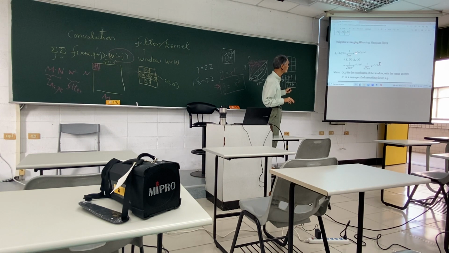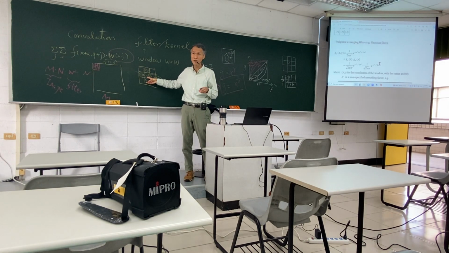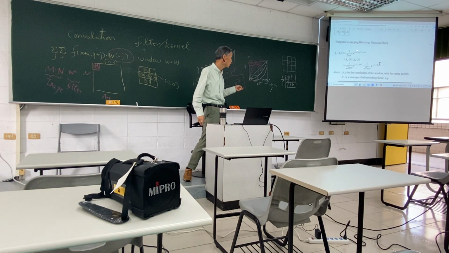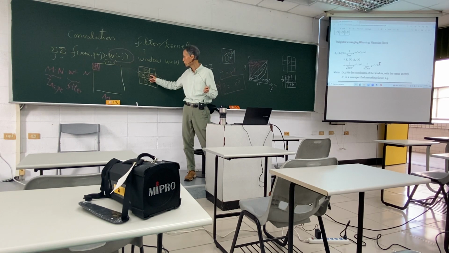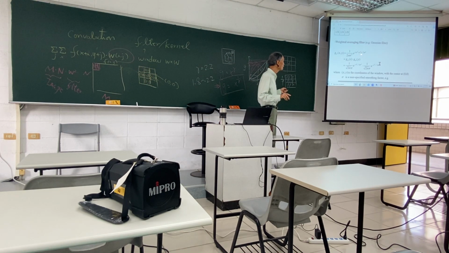Here, x, y is the location. In the center, you will have the value of 0, 0, which means x should be equal to 0 and y will be equal to 0. And for all the other elements, you have to input their x value and y value here. Now, there's a parameter that should be determined by the user, which is sigma, the bandwidth.